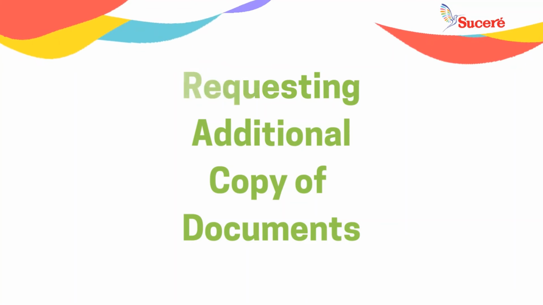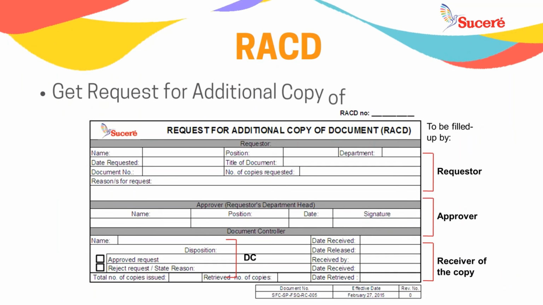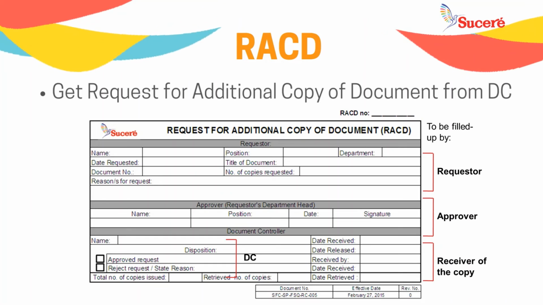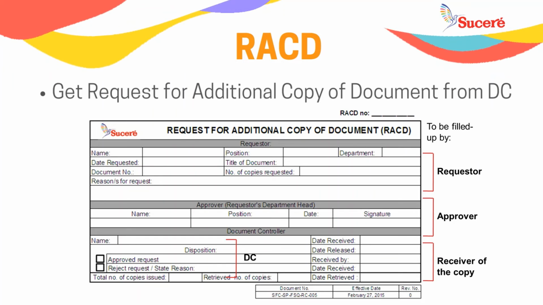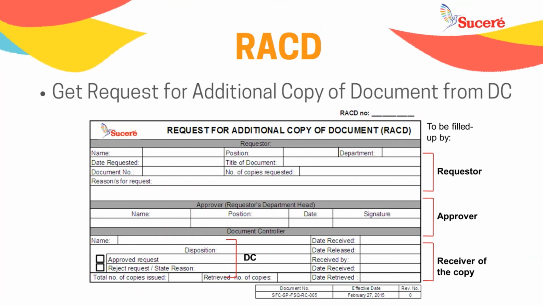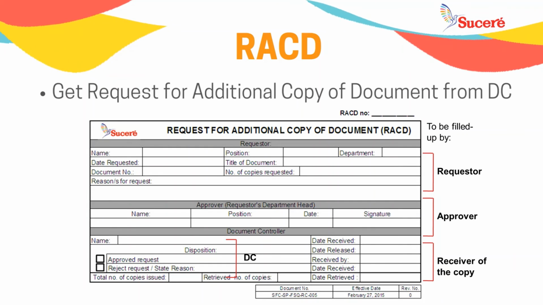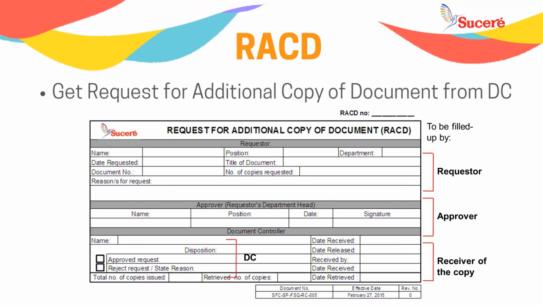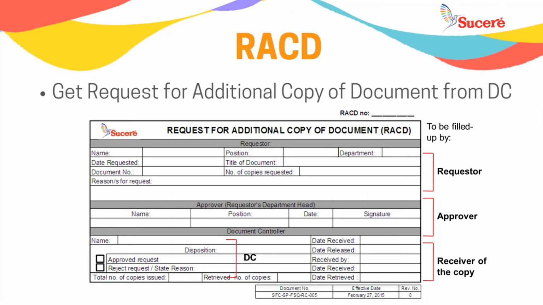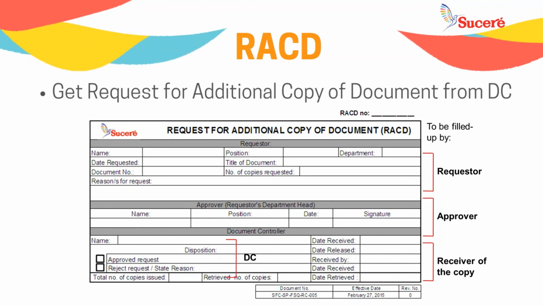Requesting additional copy of documents. So, if you need another copy of a document, for example, you should secure an RACD, or a request for additional copy of document, from the DC. It looks like this.